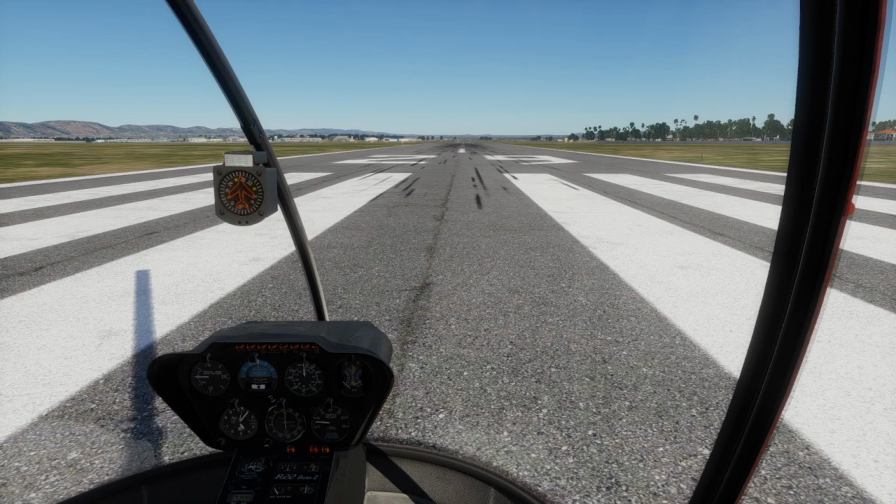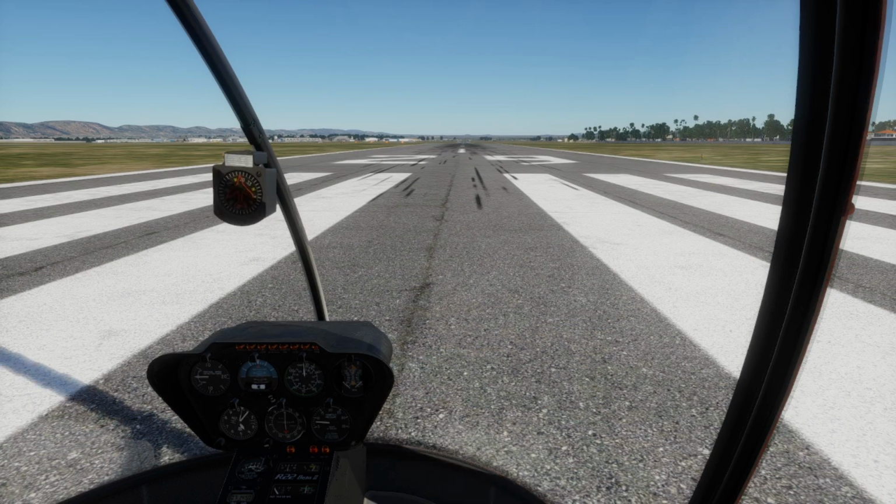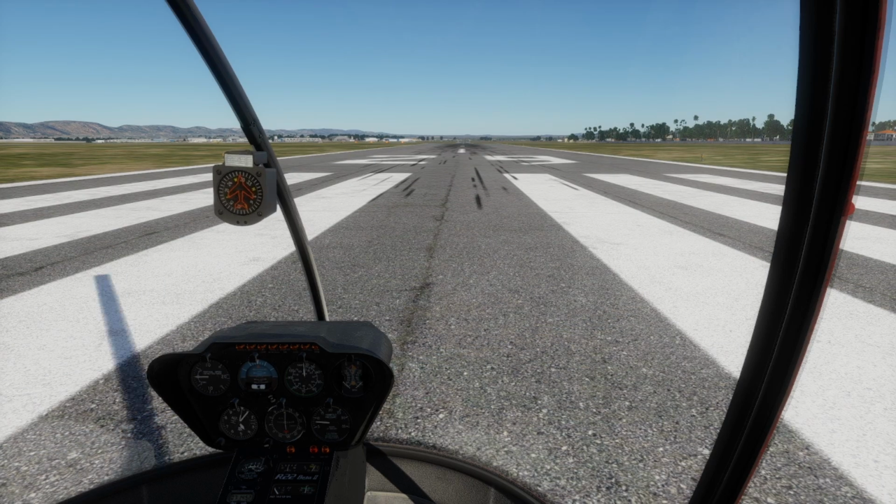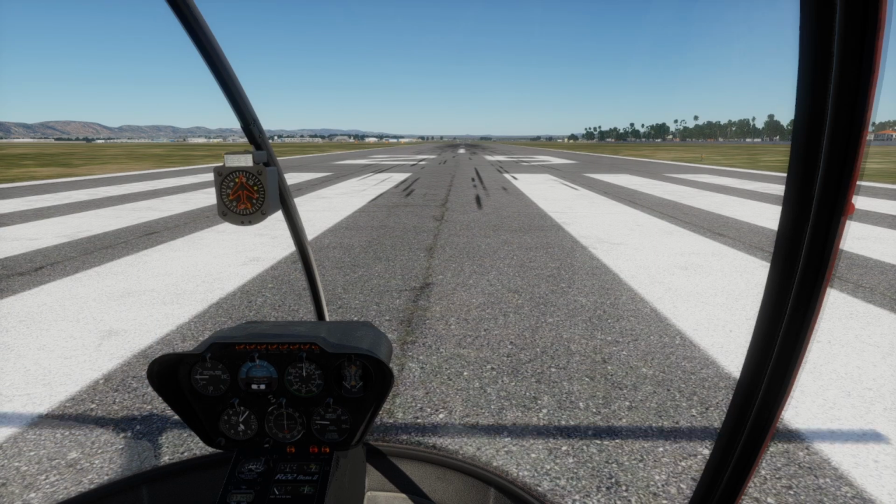The first thing that's going to happen is the helicopter is going to yaw to the left, because suddenly it has no power. It means that you must apply a right pedal.